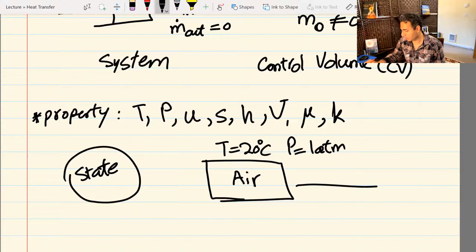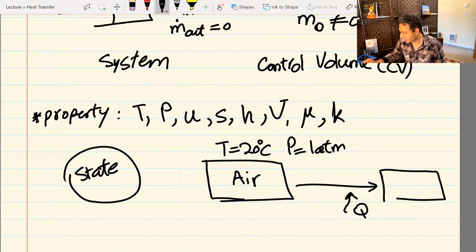And let's say I'm going to just heat up this tank, right, with a flame or whatever. I'm going to heat it up, but still a closed system. And what happens at the end, it's still air, right? But the temperature becomes like 25 degrees Celsius, and let's say the pressure goes up to 110 kPa.